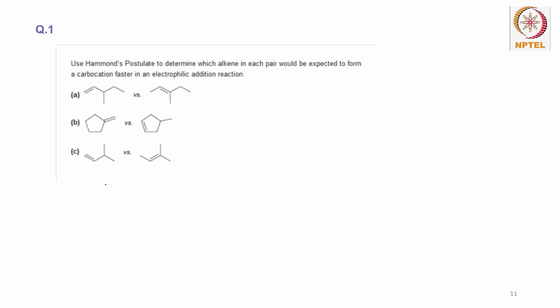As we said, wherever the higher degree carbocation gets formed, that path will always be favorable over the other. So among this pair, you will always go for that double bond where after addition of the electrophile you will get a higher degree of carbocation. So just try. I will give 5 seconds.